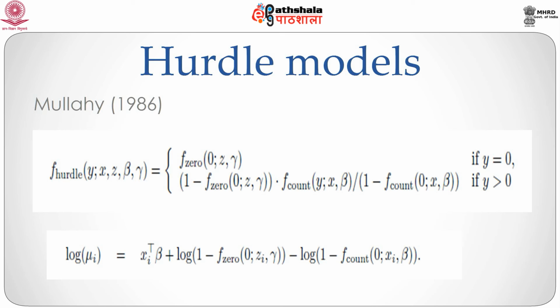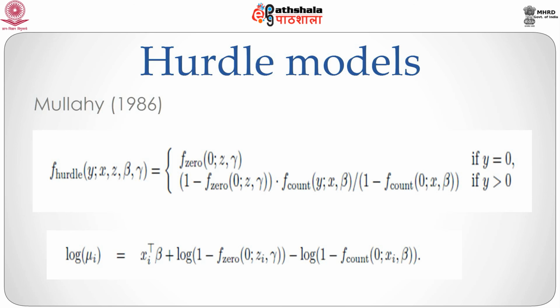So formally, the hurdle model is given by a probability mass function which is equal to f0 if y is equal to 0, and 1 minus f0 times the truncated f count over 1 minus f count 0 if y is positive.